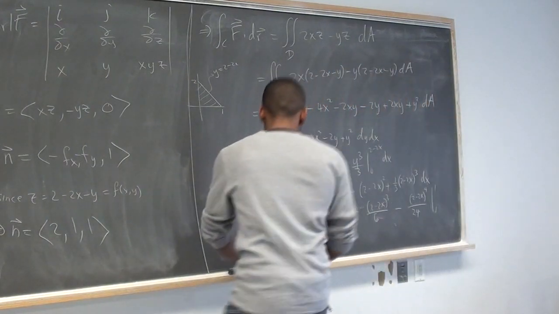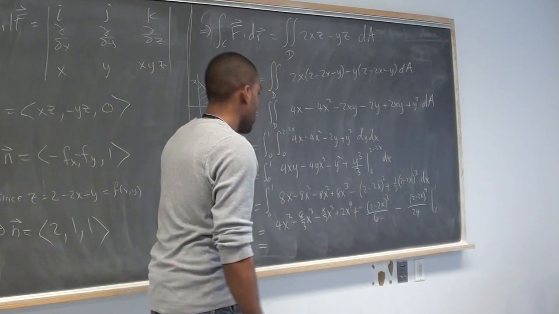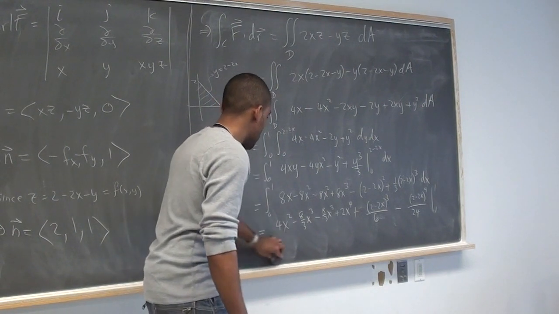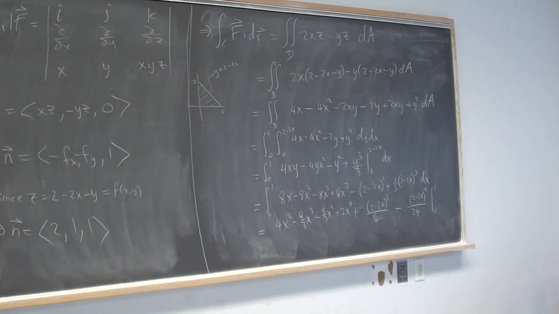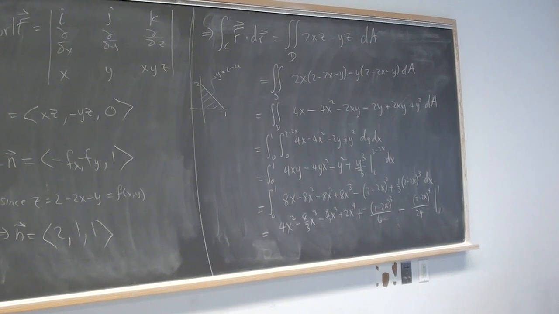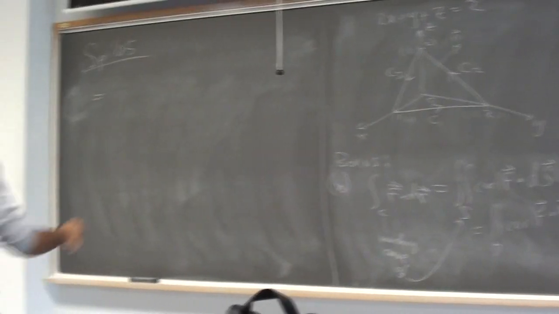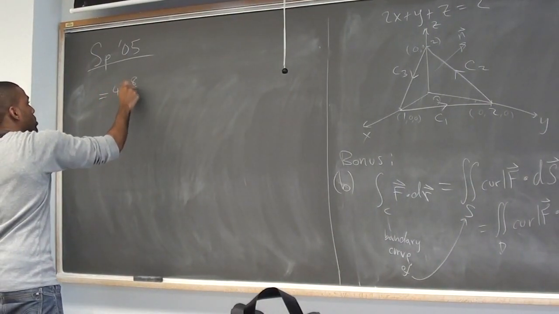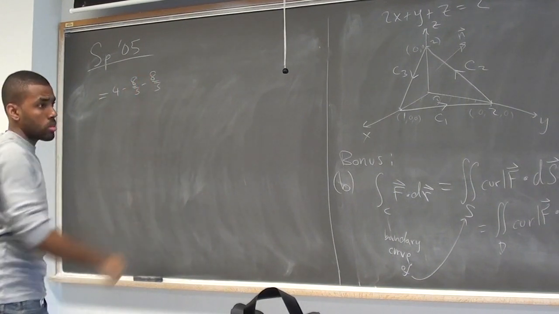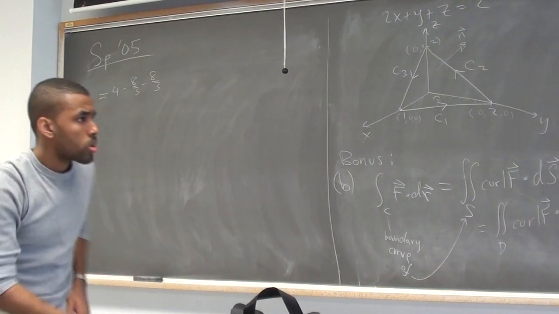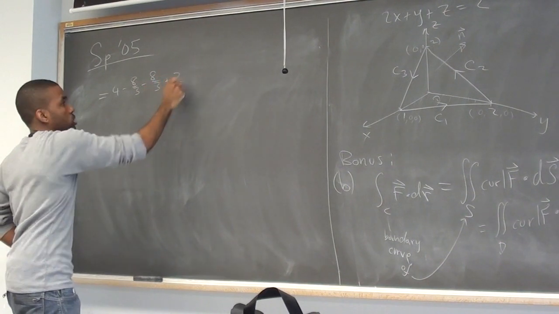And so now you just plug in 1. If I plug in 1, I get 4 minus 8 over 3 minus 8 over 3. And then 0, 0, plus 2.